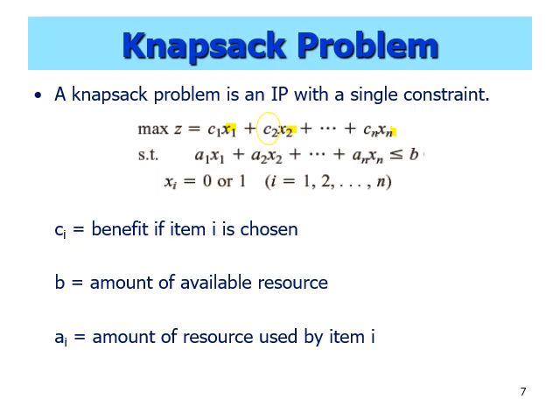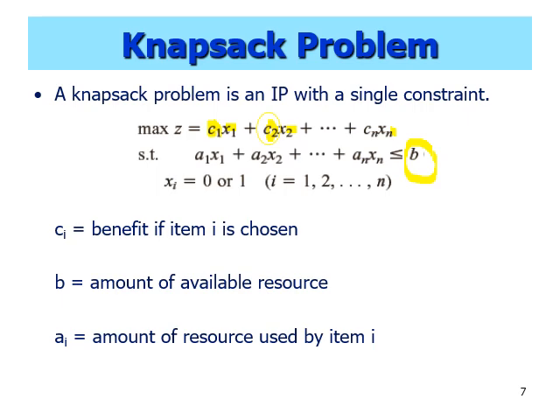Each item gives you a particular benefit: item 1 gives you benefit C1, item 2 gives you benefit C2, and so on. But your bag has a particular capacity that you cannot exceed. So B is the amount of available resource, or the available capacity of your knapsack or bag.